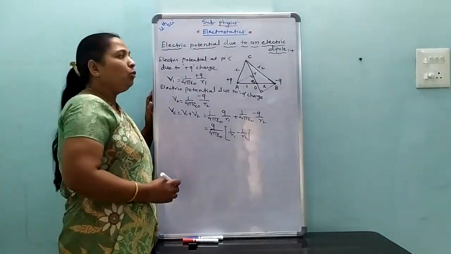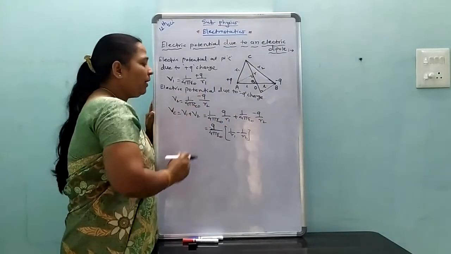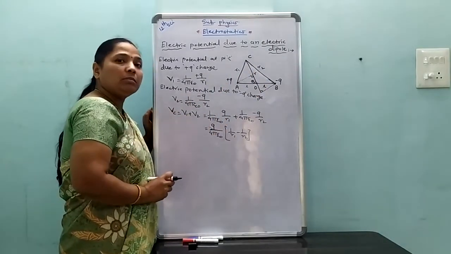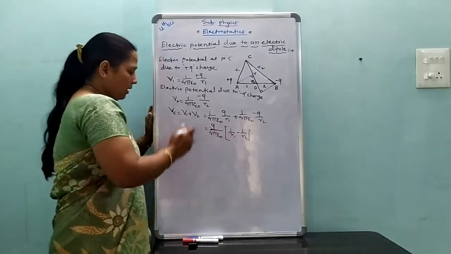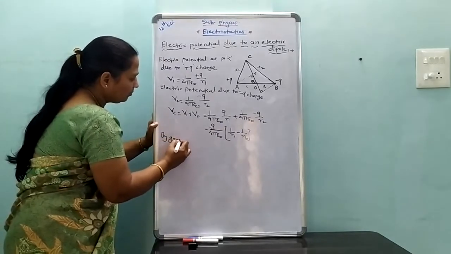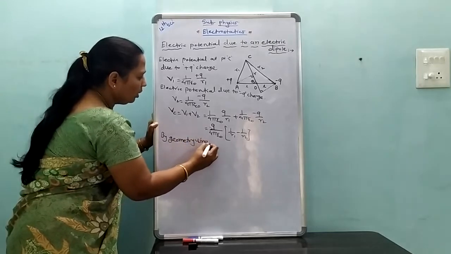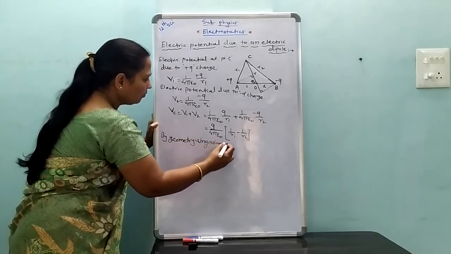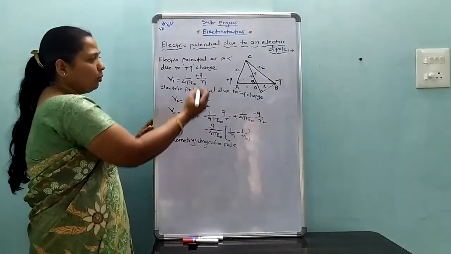Now, to find 1 upon R1 and 1 upon R2, first calculate by geometry using the cosine rule.